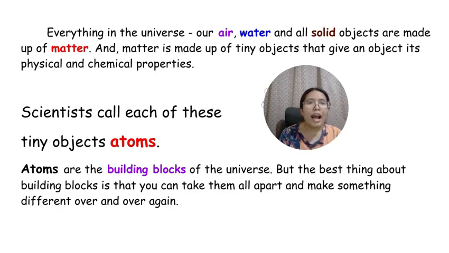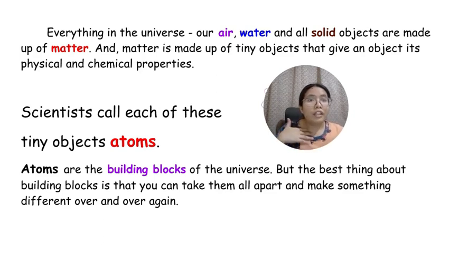Oh, so ang atom parang Lego. Sa mga tiny blocks ng Lego, magagawa tayo ng bahay. And then, pwede natin itong tanggalin at gagawa naman tayo ng sasakyan. So, pwede pala ganun ang atoms. Ang atoms, pwedeng gamitin para mag-make ng something at pwede ding tanggalin para mag-make ng something.